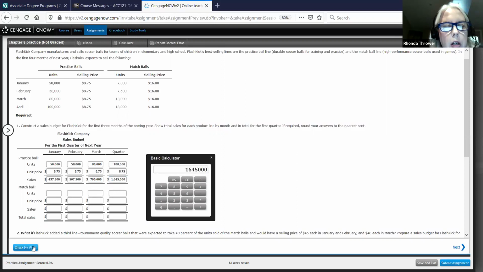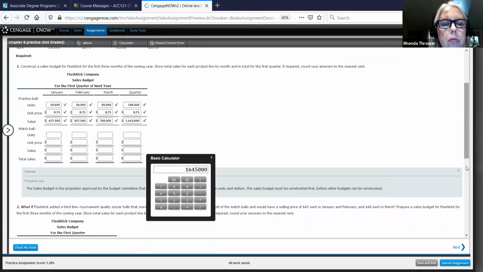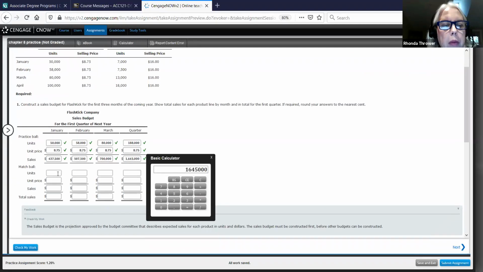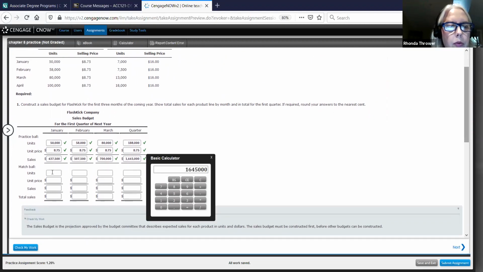And then you can check your work, make sure your math is right. And then we can move on to the match balls. For the match balls, these are the units, and this is the selling price. So you're just plugging in the information that's given, and then multiplying.